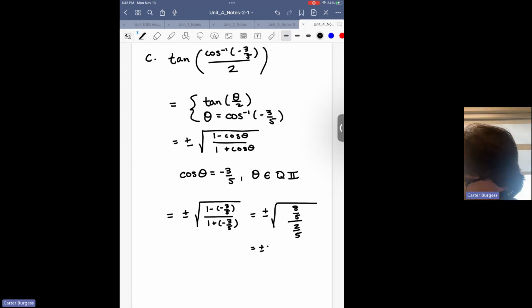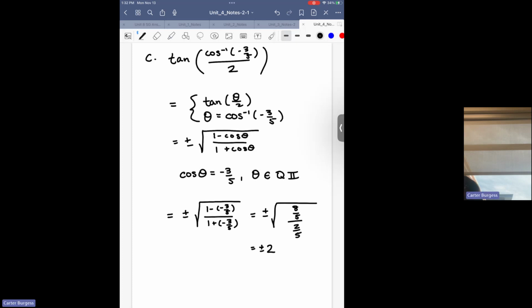This is plus or minus 2. If you want to confirm that, multiply by the reciprocal. All right. One final thing to resolve, and that is plus or minus.